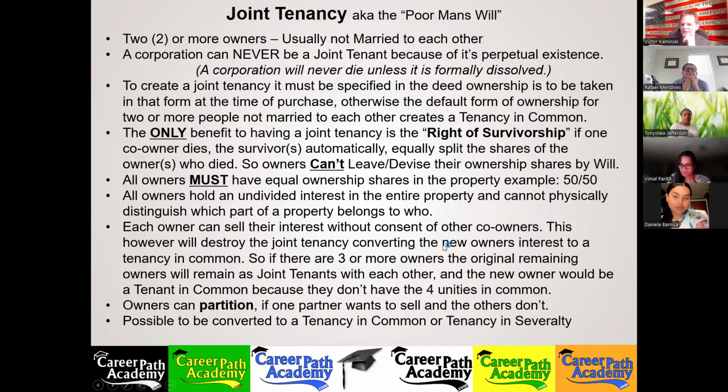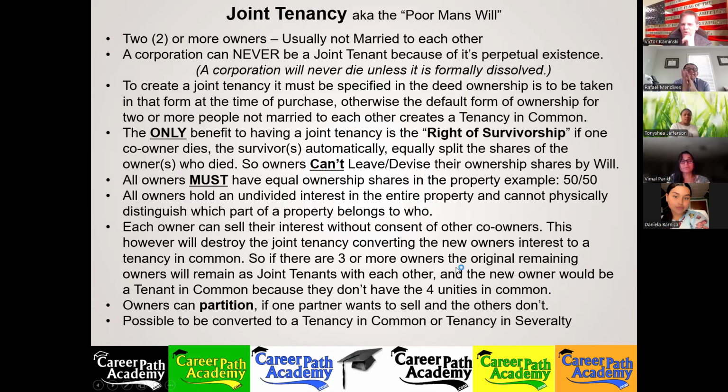Each owner can sell their interest without the other owners' consent, just like with tenancy in common. However, this could destroy the joint tenancy, converting those new owners' interests to tenants in common because they didn't have the unity of time or title.